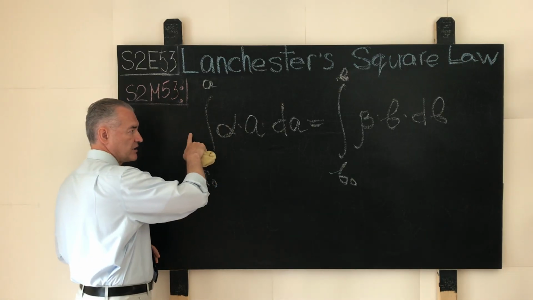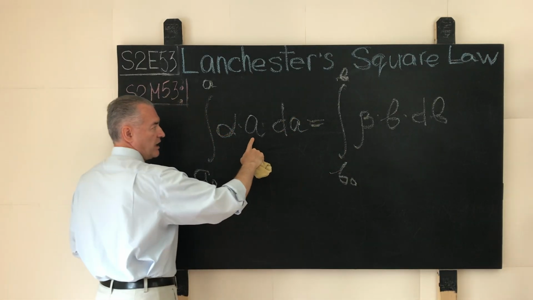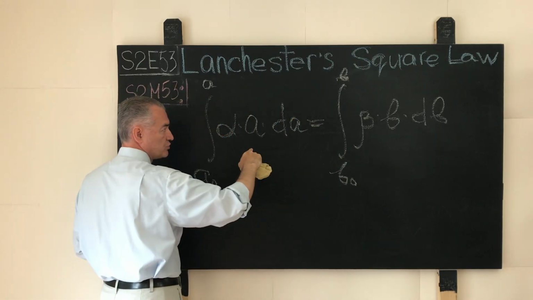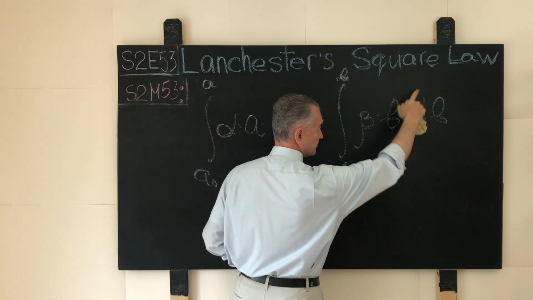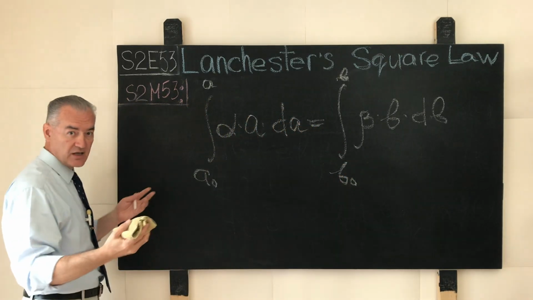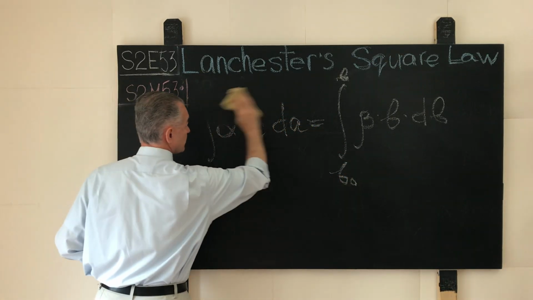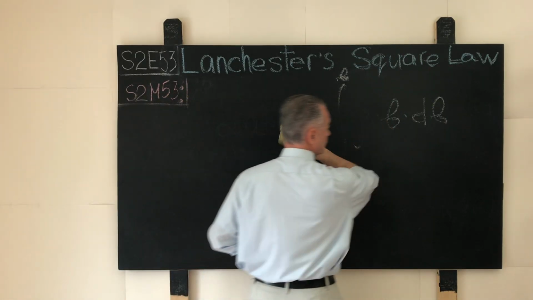Constant is carried out from the integral sign. The integral of a dA is a squared over 2 plus a constant. Integral of b dB is b squared over 2 plus the constant. The 2's cancel each other out, evidently, and we simply write down the result right away.